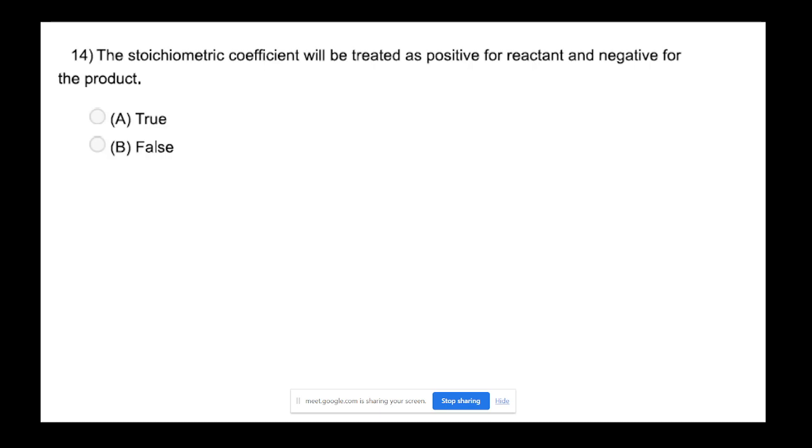Next question is, the stoichiometric coefficient will be treated as positive for reactant and negative for product. So stoichiometric coefficient, suppose for example we have A plus B gives C plus D. So stoichiometric coefficient for each and every one is 1, 1, 1. Stoichiometric coefficients have a sign, positive and negative.